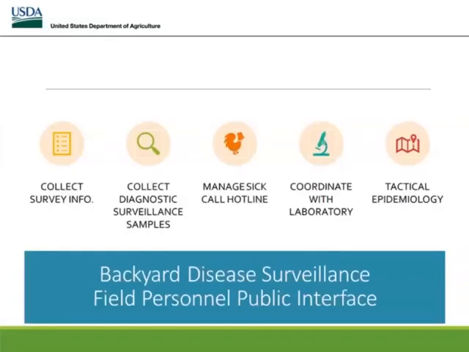One of the first people that go out and get a public interface are our backyard disease surveillance personnel, and they usually have a standard set of questions, like a survey that they are filling out.